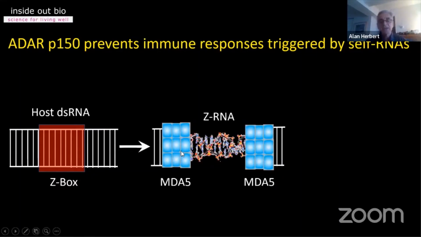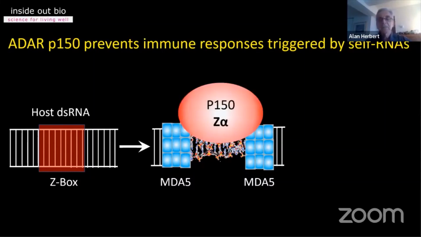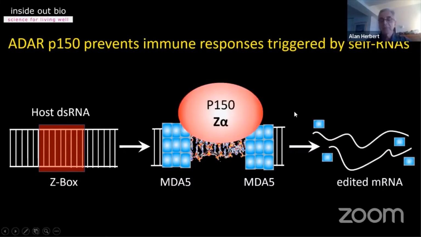and they actually stretch the double-stranded RNA. And if the host sequence is there, that forms the zRNA. Some sequences will flip to zRNA, identifying it as a host sequence. Then ADA will bind through the alpha domain to those host sequences, and then will perform the string operation to make edited RNA and get rid of this double-stranded RNA that's causing the problems.